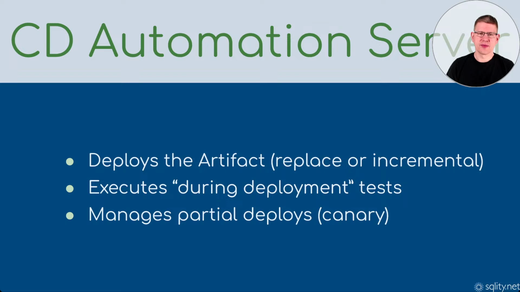So the first step is to deploy the artifact, but now we are not talking about deploying it into a pristine and brand new environment, but rather into an existing environment, into an existing production environment, for example. And that means that you potentially cannot just replace, but you might have to do some form of incremental deployment.